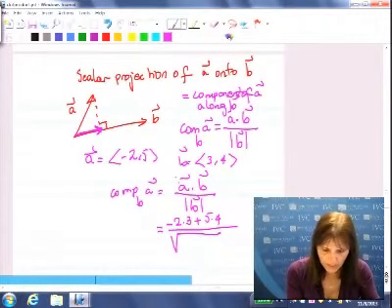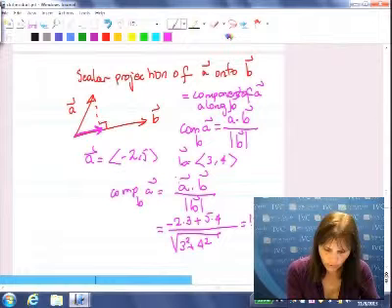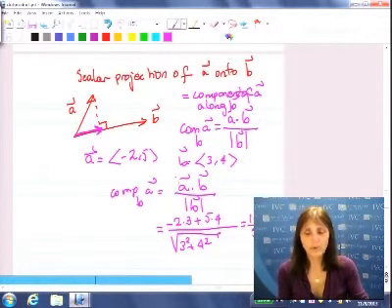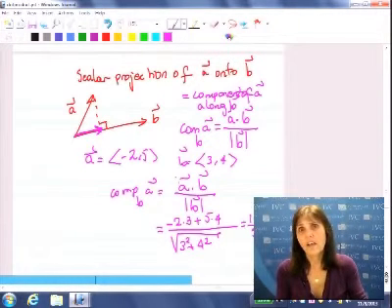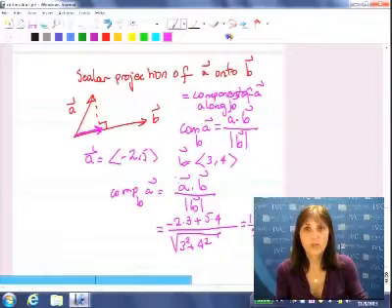The magnitude of B is simply the square root of 3 squared plus 4 squared, and that turns out to be 5. This is another application, but usually the dot product is used to find angles between two vectors.